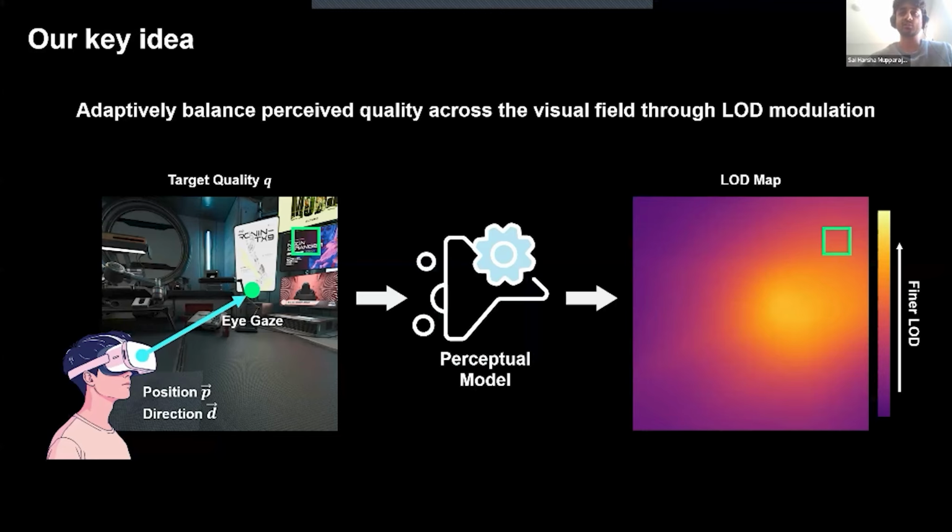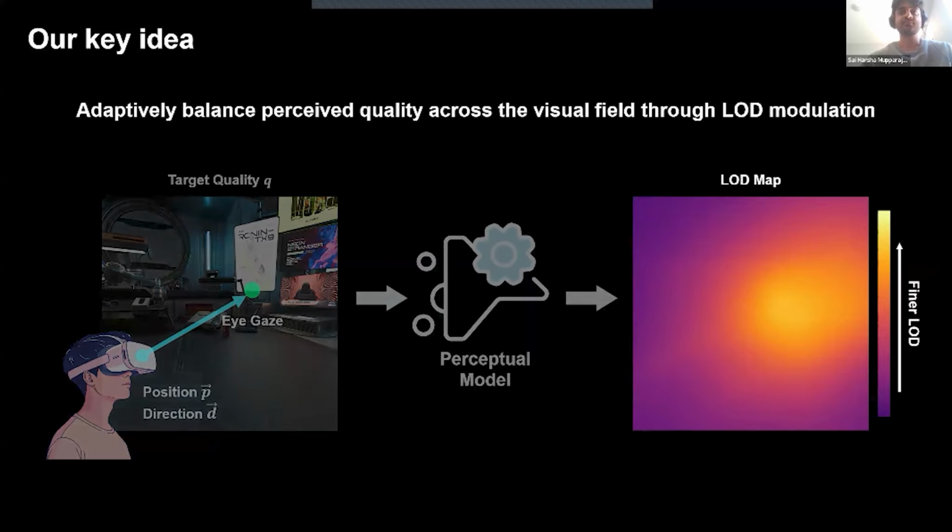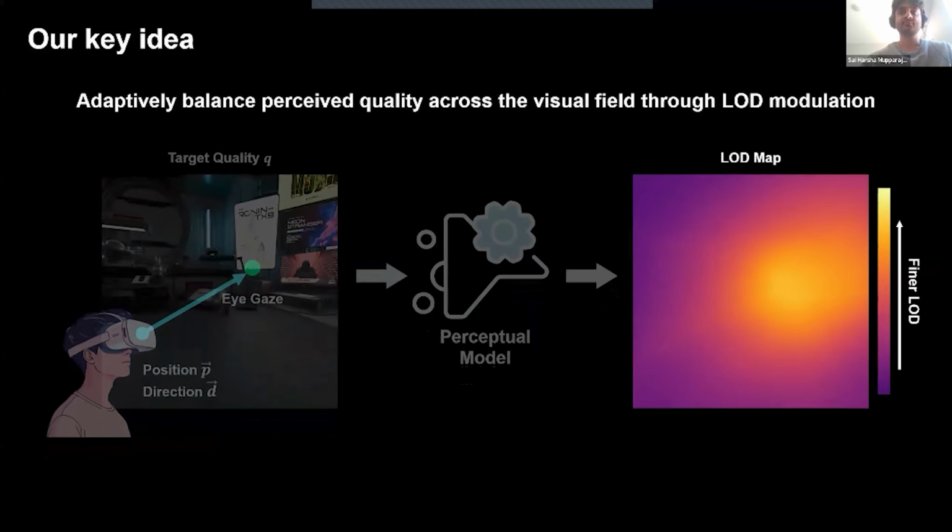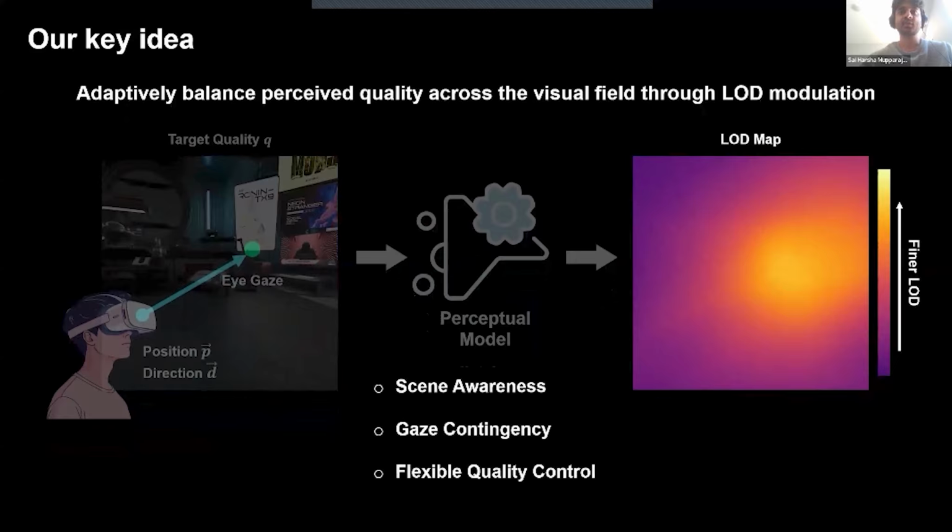The green square here captures the text or a high frequency detail in the scene. As a result, it would need a higher acuity, which is shown in the heat map as it's brighter. Our perceptual model is scene-aware, gaze-contingent, and we can flexibly control the quality based on our compute constraints.